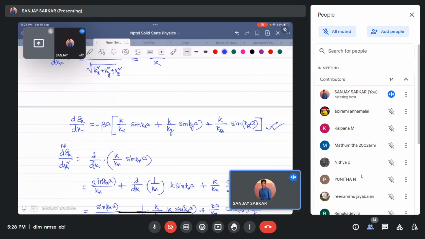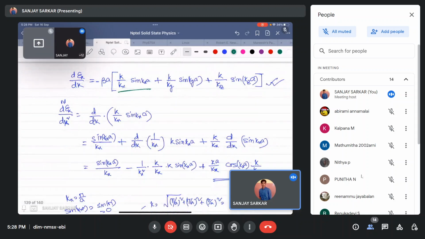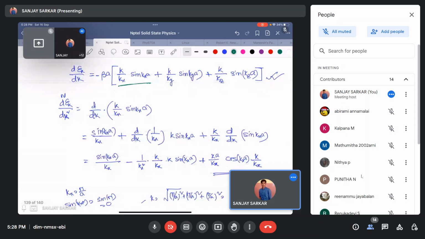Then we need to calculate d2 epsilon by dk2, and what I did is I first considered this component. Everything is similar, just in place of kx there is ky and kz. So for this, we get sine kxa by kx, and the derivative of that, plus the derivative of this, which will go to 0.